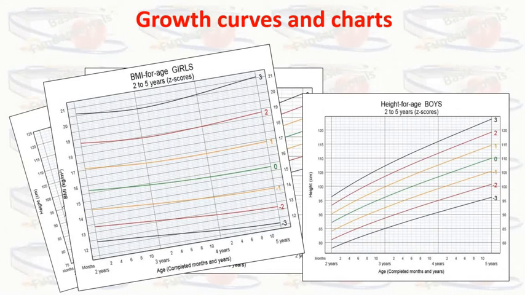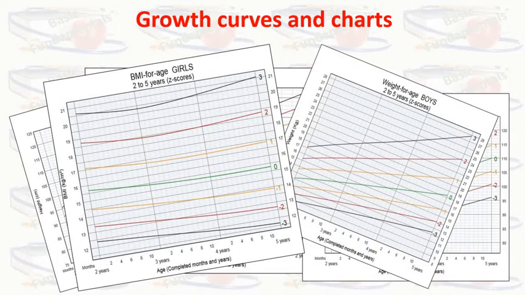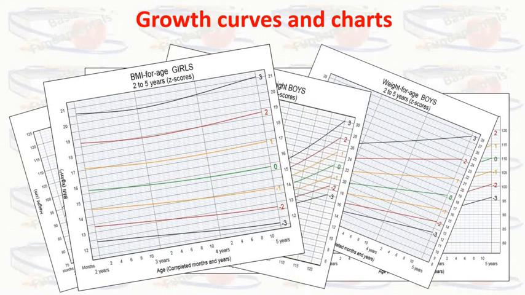For children older than 5 years, a reconstruction of the 1977 National Center for Health Statistics was carried out. So these are the growth curves and charts developed by WHO, and these are used as the reference data for measuring the growth of the children. I discussed these charts and how to read the Z-scores in my previous session in detail.